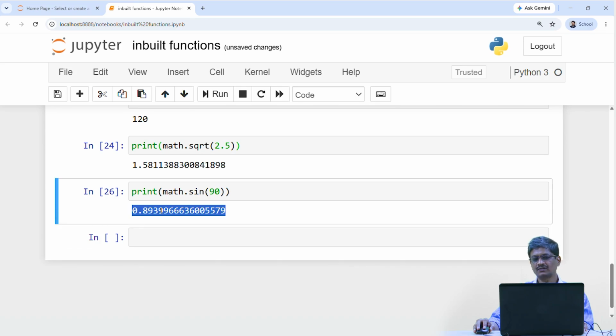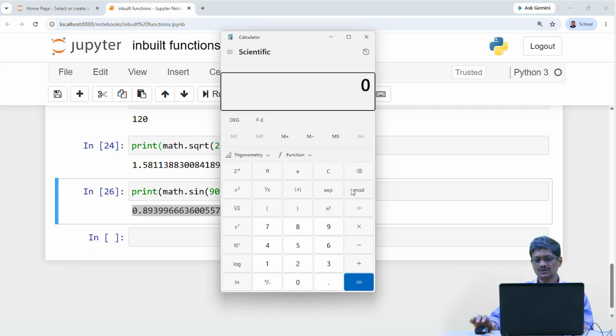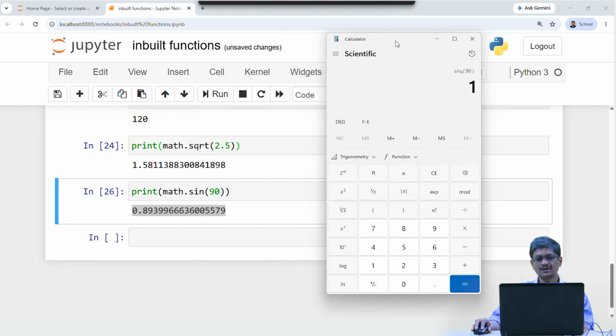This is an incorrect value because if you use a calculator, you are going to get a different value. Let us see. So here I am writing 90 and then I am using sine. So sine of 90 is coming out to be 1 over here, and in this case I am not getting the correct answer. Now why is this happening?